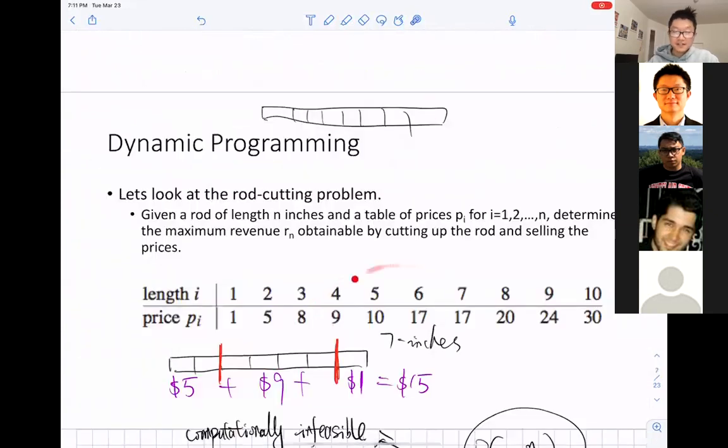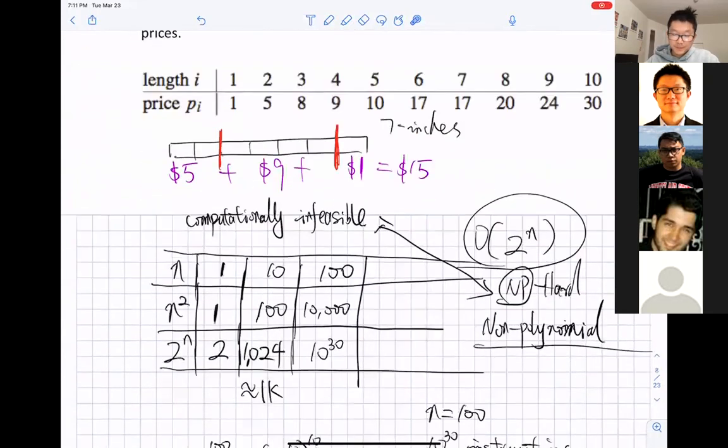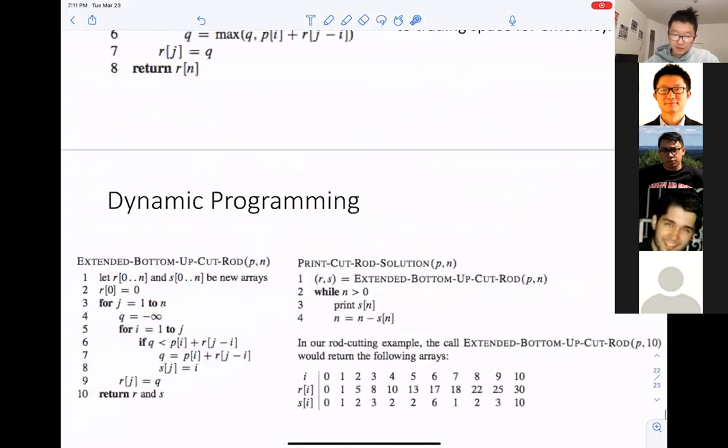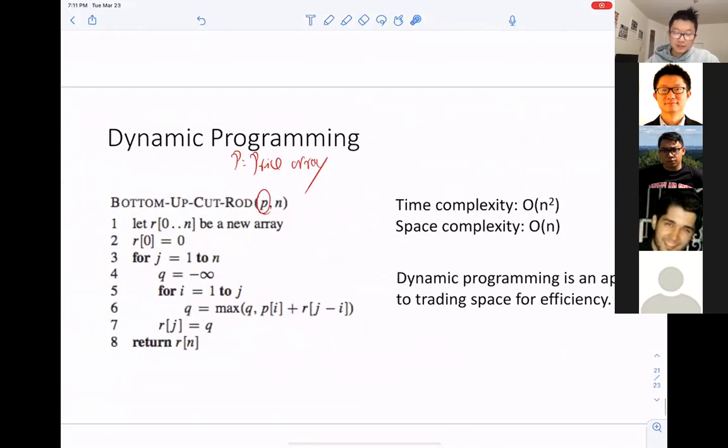Which is like this, okay? So Pi basically tells you the price if you sell a rod of length i directly, how much money can you make? And then n is the length of your input array. So the setting is that you're given a rod of length n, and you want to use this algorithm to calculate the best strategy to cut it.